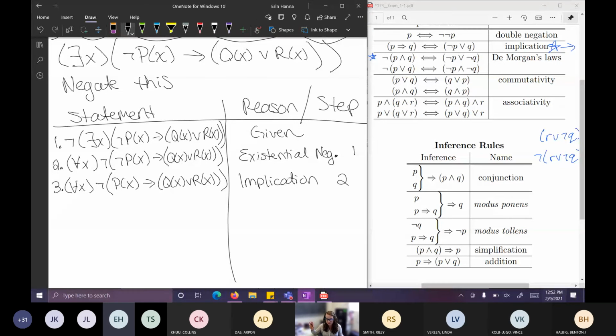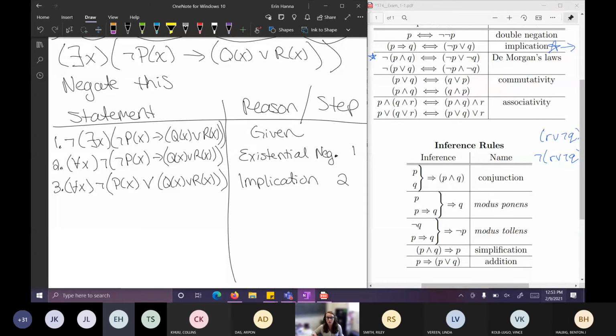Everyone okay with that? Oh my gosh. You shouldn't be, because there should be an or there. I got so bogged down in making the p of x positive that I forgot to switch the sign. Good so far? Okay.